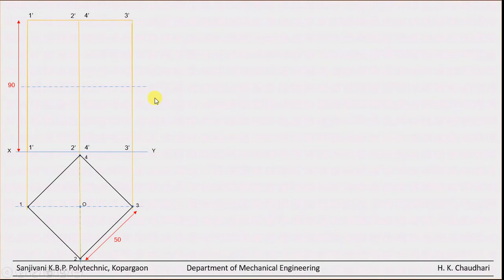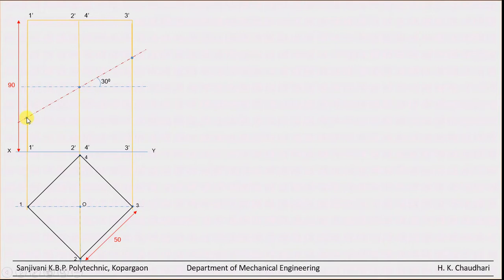Now take a horizontal line at exactly mid point of the axis, and there we have to locate this inclined cutting plane. Now this inclined cutting plane makes an angle of 30 degree with this horizontal one. This line is only locating for our convenience.